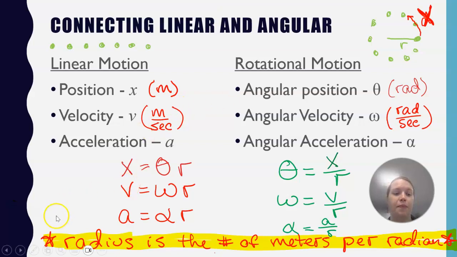That's the definition. So the radius is the number of meters per radian. So it's kind of the key to connect the two. So angular velocity is equal to linear velocity divided by radians. So if we have something in meters and we want it in radians, we would divide by the number of meters in 1 radian, which is the radius.